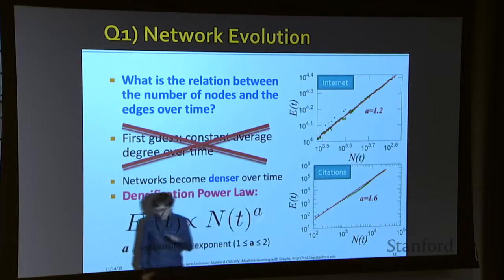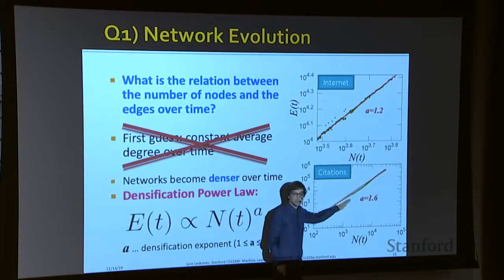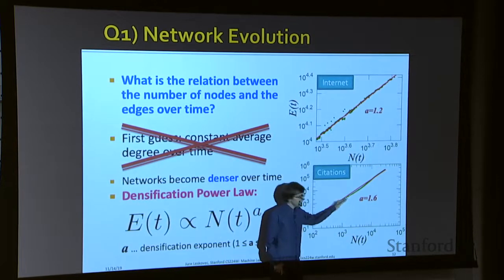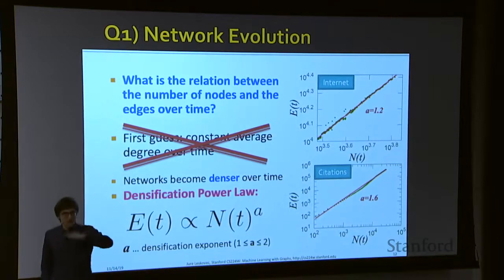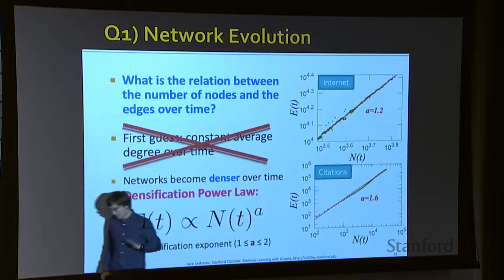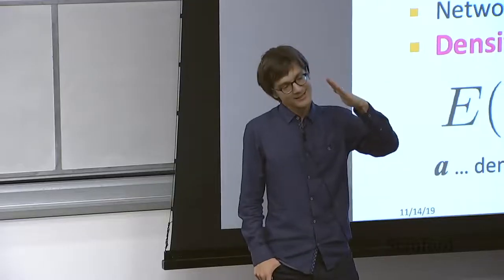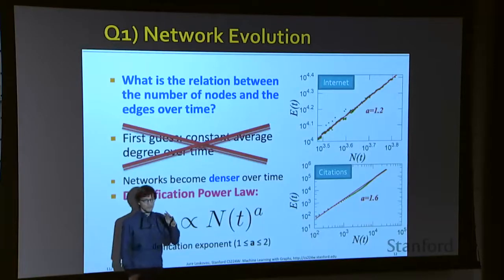And if the relationship were linear, then the exponent a should be equal to 1. Okay? And then if you think about it more, the exponent a can be only between 1 and 2, right? 1 means you maintain the degree. Less than 1 would mean the average degree is decreasing over time. And 2 is the most you can do.